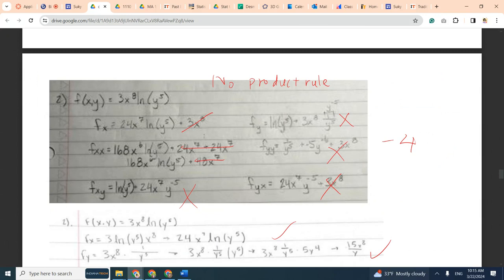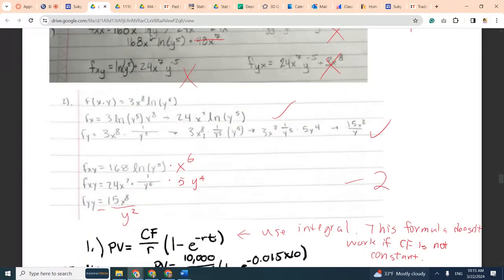So please be careful and check your fx, fy multiple times before you continue. So remember, one variable is a variable. The other variables are constants. Everybody say constants. So you might not need the product rule.